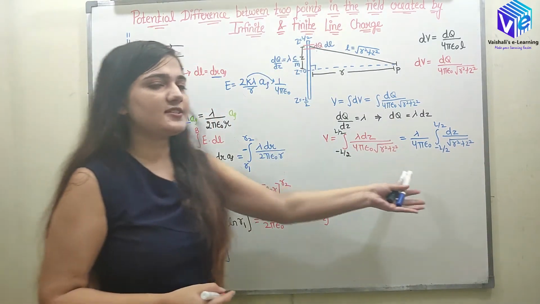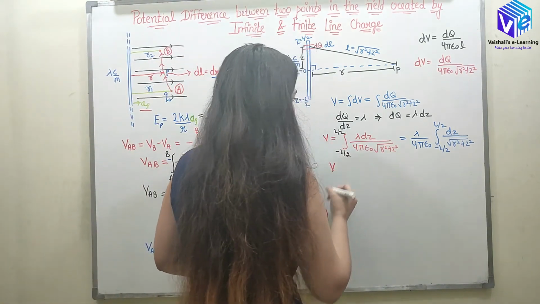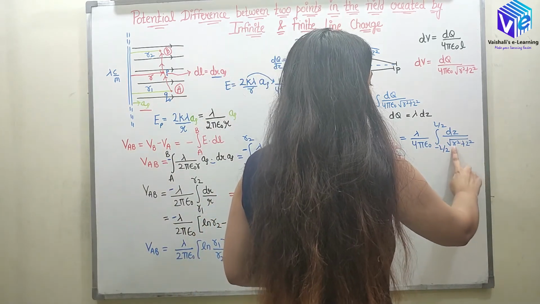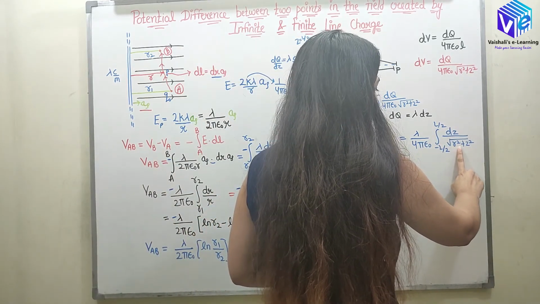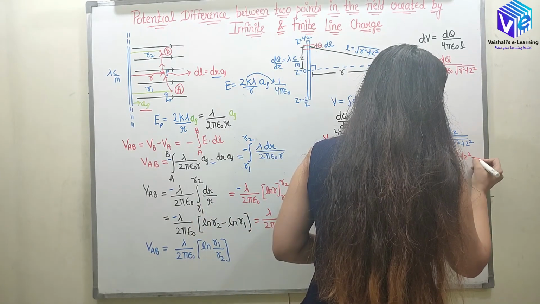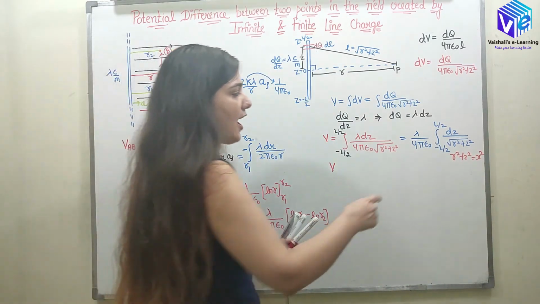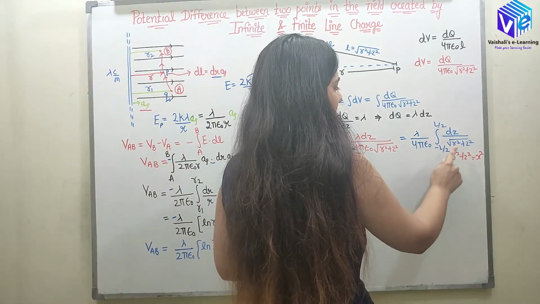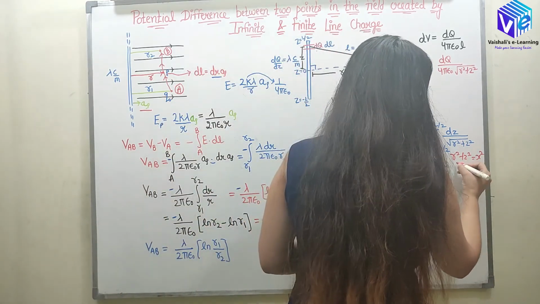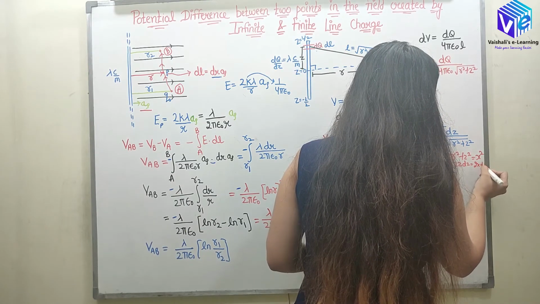Okay, so this is just a simple integration and I will be telling you the final answer that you will be getting after integrating it. What you have to do, you have to put this as any constant. So let r square plus z square is equal to x square. Okay, so when you put this, you have to replace the integration limit, you have to replace dz. From here you can find dz. So 2z dz is equal to 2x dx.